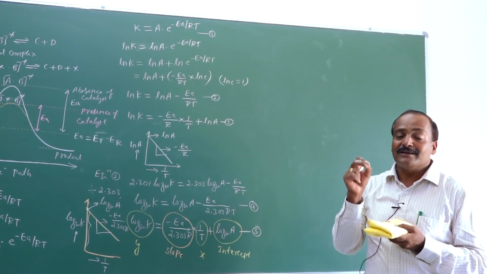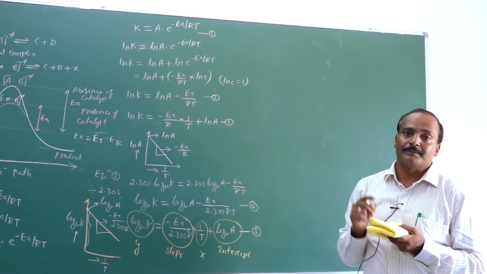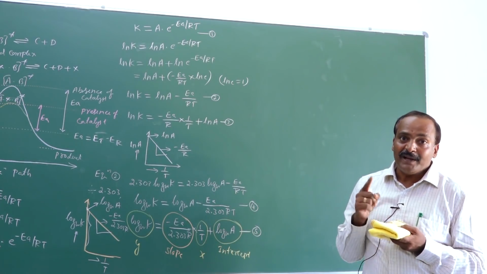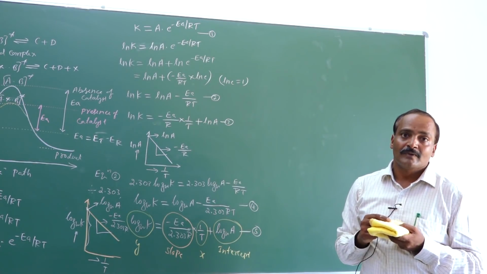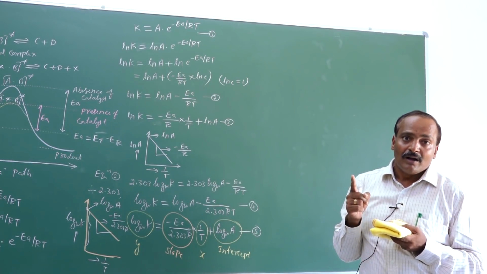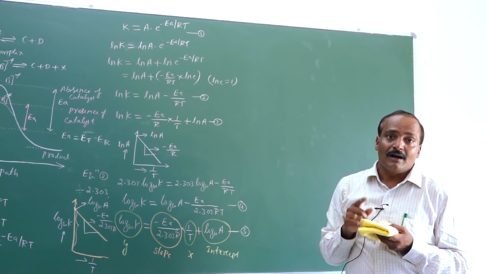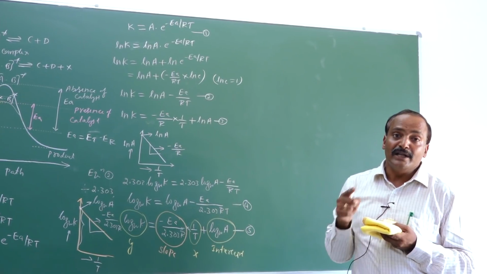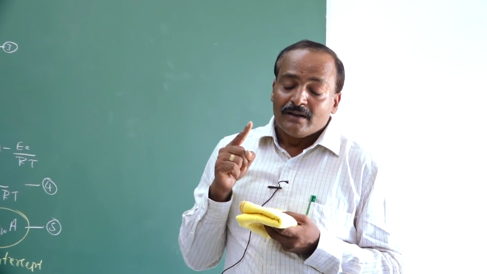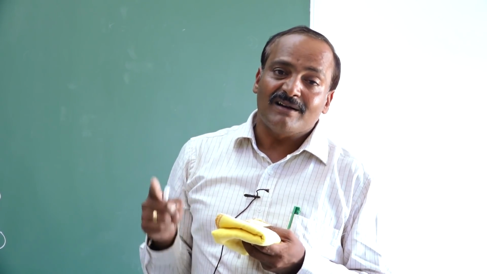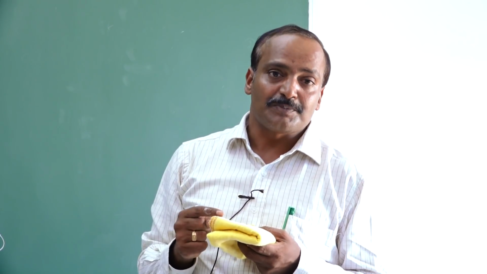At temperature T1 Kelvin, the rate constant value is K1. At temperature T2, the rate constant value is K2. K1 and K2 represent the rate constants at two different temperatures T1 and T2 Kelvin respectively.